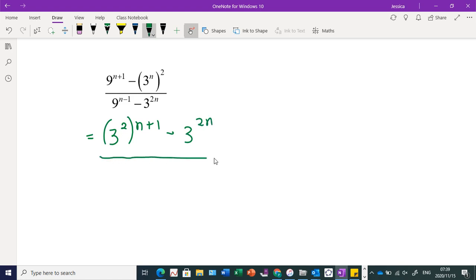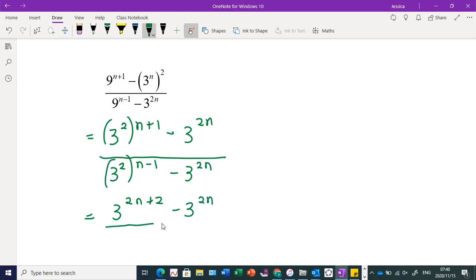On the bottom I've got 3 to the 2 and the power is n minus 1. And I've got 3 to the 2n. So I end up with 3 to the 2n plus 2 minus 3 to the 2n, and on the bottom I get 3 to the 2n minus 2 minus 3 to the 2n.